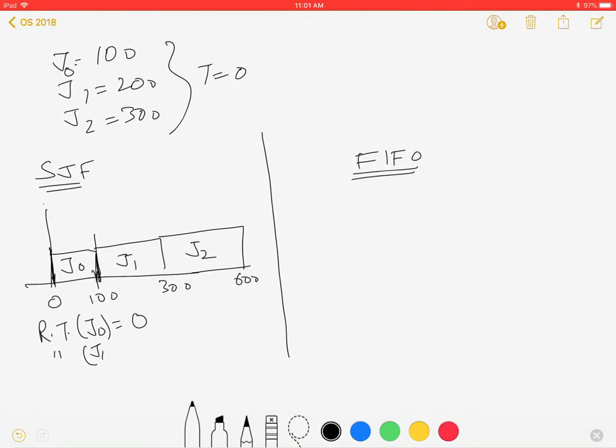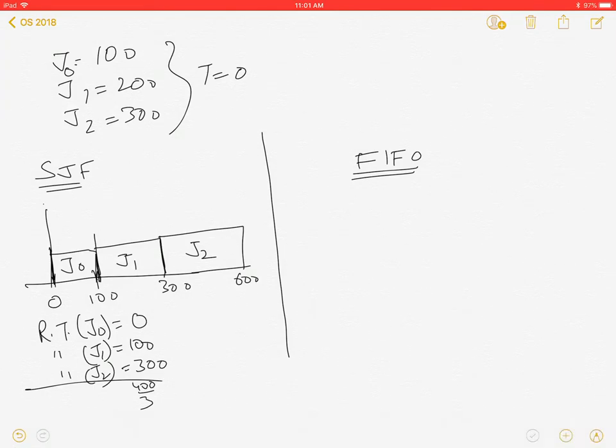Response time for J1 is 100 and response time for J2 is similarly, it came in at 0 but executed for the first time at time equal to 300. The average response time is the sum of all of them divided by 3, which is 400 by 3.